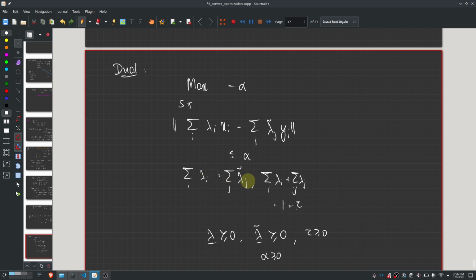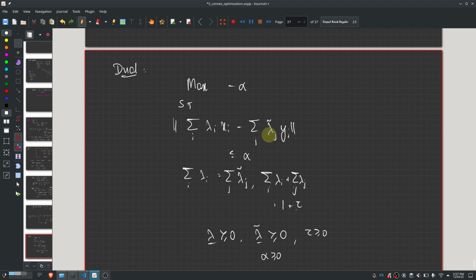Now these two are equal, correct? And the sum should be equal to 1 plus tau, which is the same as saying that this should be equal to 1 plus tau by 2, and this summation should also be equal to 1 plus tau by 2. Now one way of interpreting this whole thing is, you have a linear combination of all the points in x, and a linear combination of all the points in y.